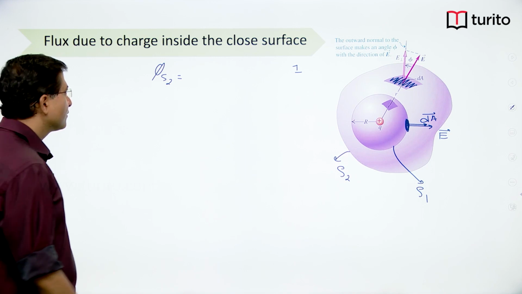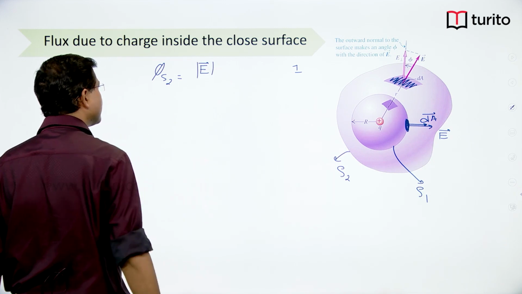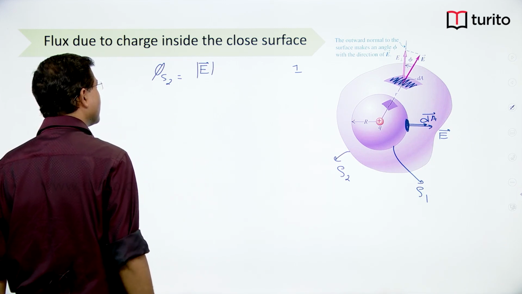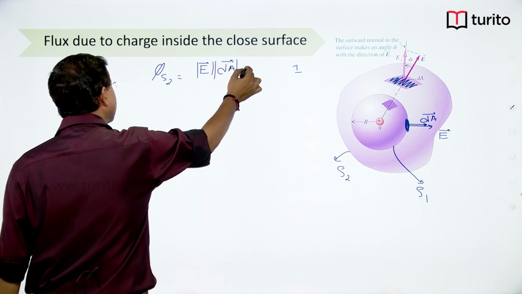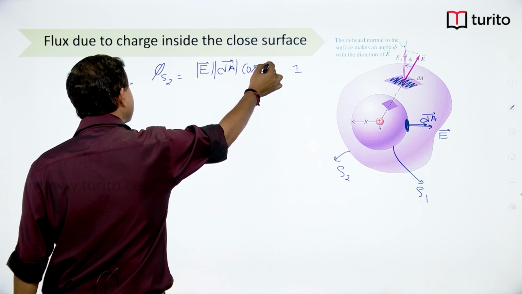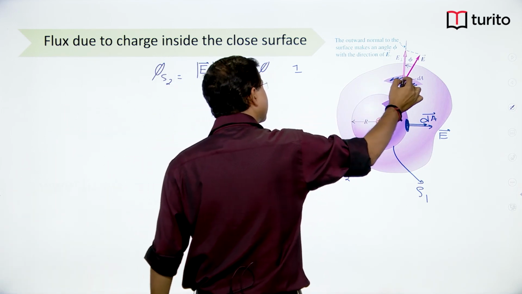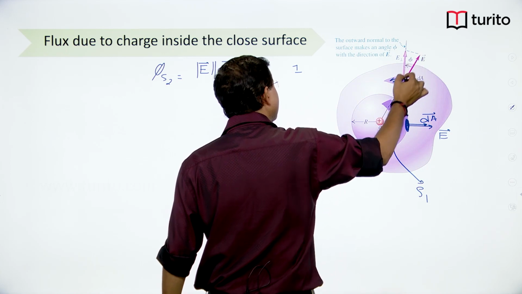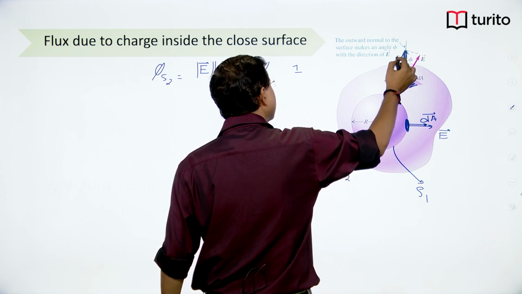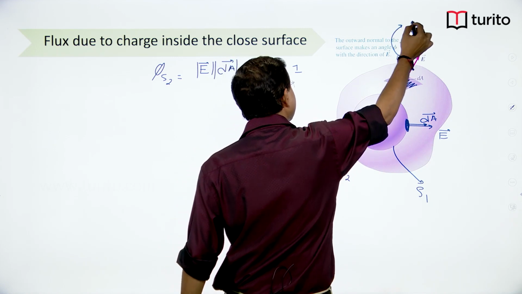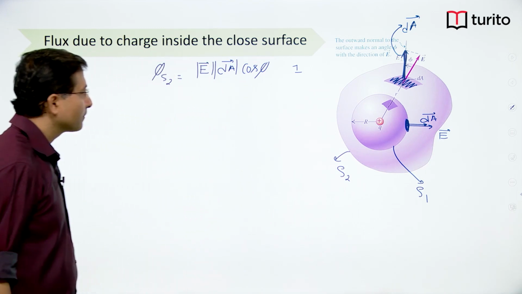Formula we know, that is field, magnitude, area, magnitude, and the angle between them, cos whatever be the angle, right. Here area vector in this direction and field is in this direction. So, this is the direction of area vector, dA vector, okay.